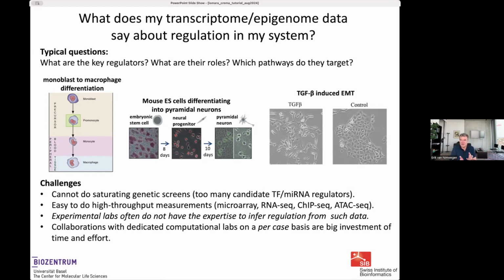But experimental labs often do not have the expertise to take such high throughput data and infer what that says about regulation in their system. So they can, of course, then try to make dedicated collaborations with computational labs that know how to do such things, but they have to do that on a per-case basis, and it's a big investment of time and effort. So we're trying to develop methods that help with this kind of situation.